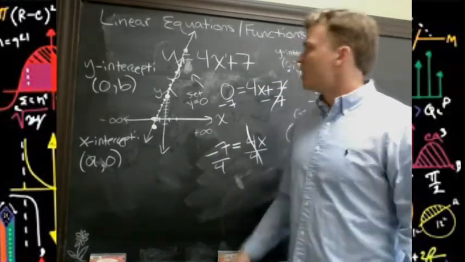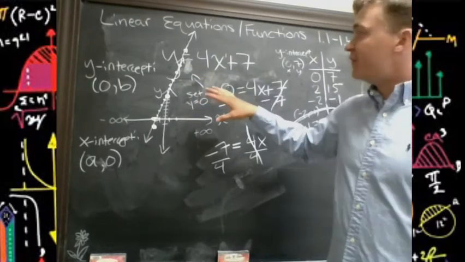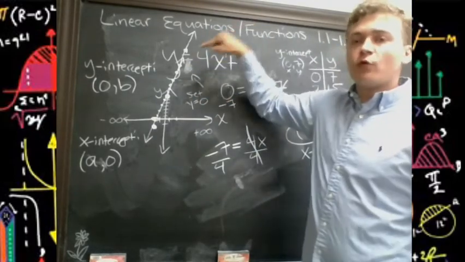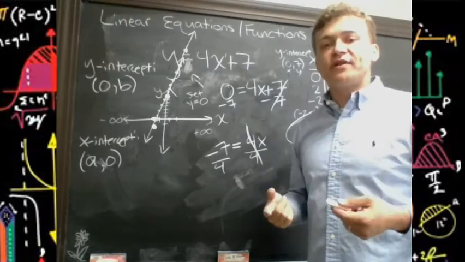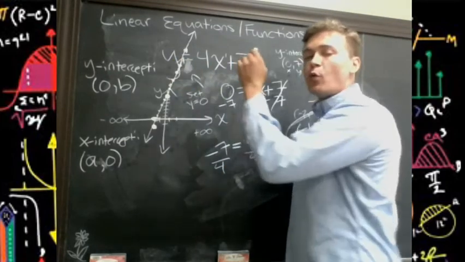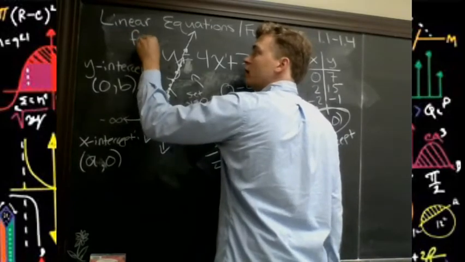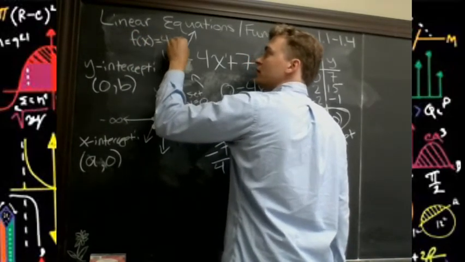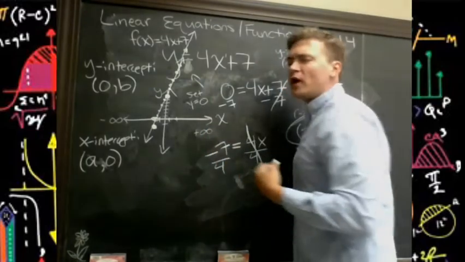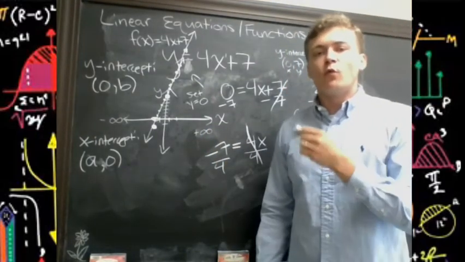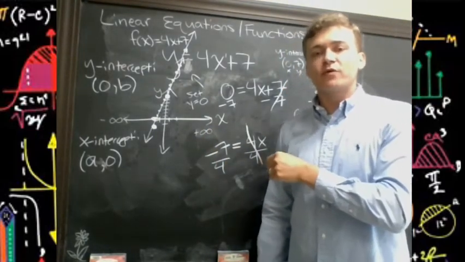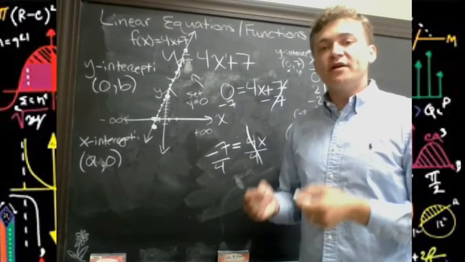So that's pretty fun. What we're going to see moving forward with functions is that when you solve for y, we are going to switch the notation, and instead of writing y equals 4x plus 7, we will write f of x equals 4x plus 7. That's why it's so important to write it in y equals mx plus b form, otherwise known as slope-intercept form.